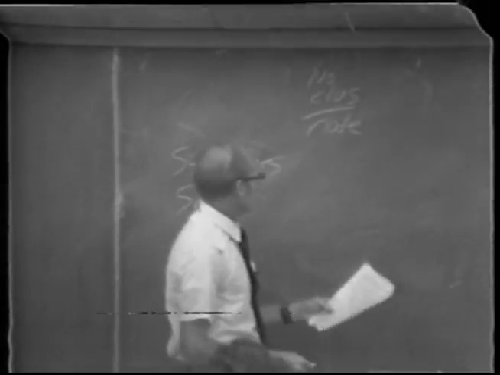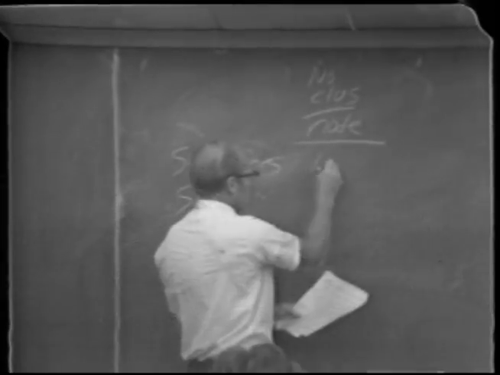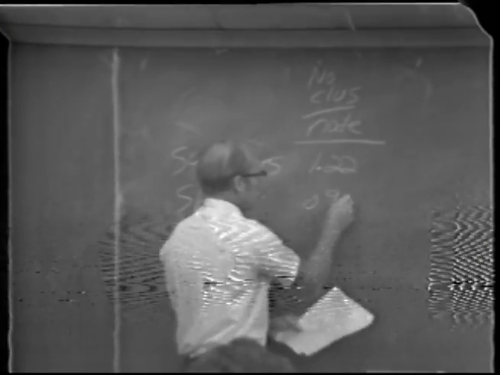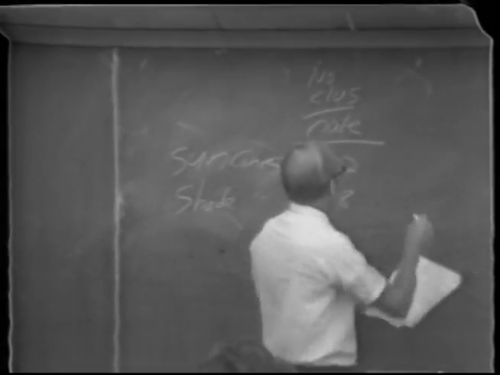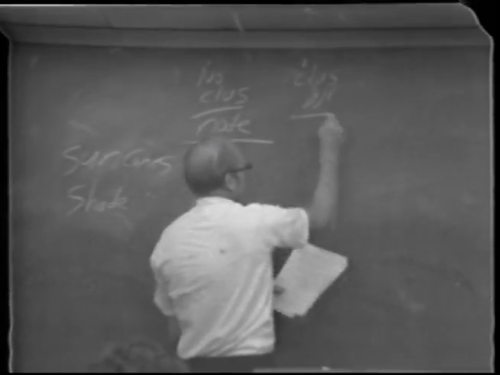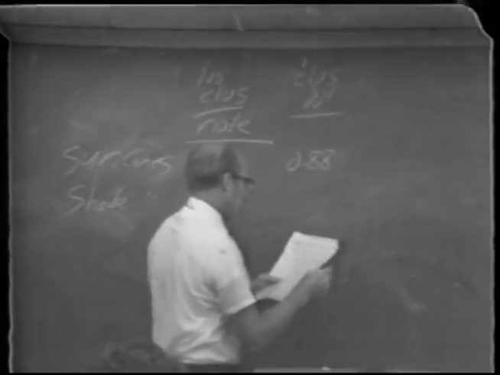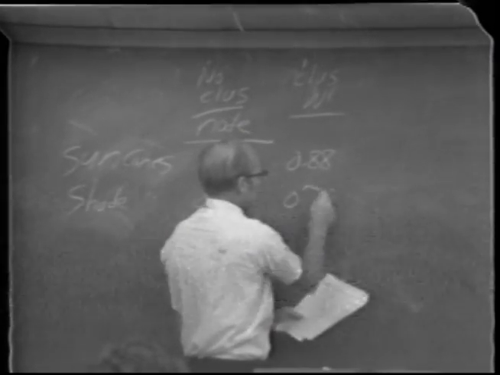We found on average 1.22 clusters per node on the sun canes and 0.98 on the shade canes. Average cluster weights were 0.88 pounds for the sun canes and 0.78 for the shade canes.